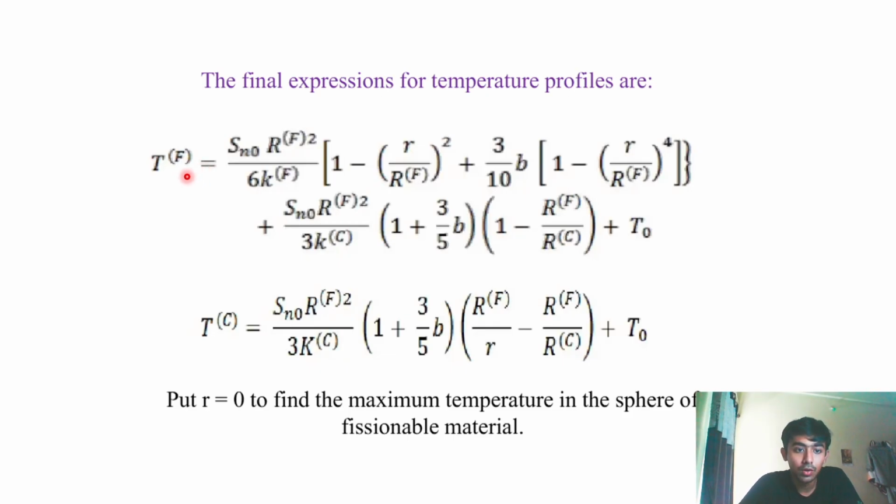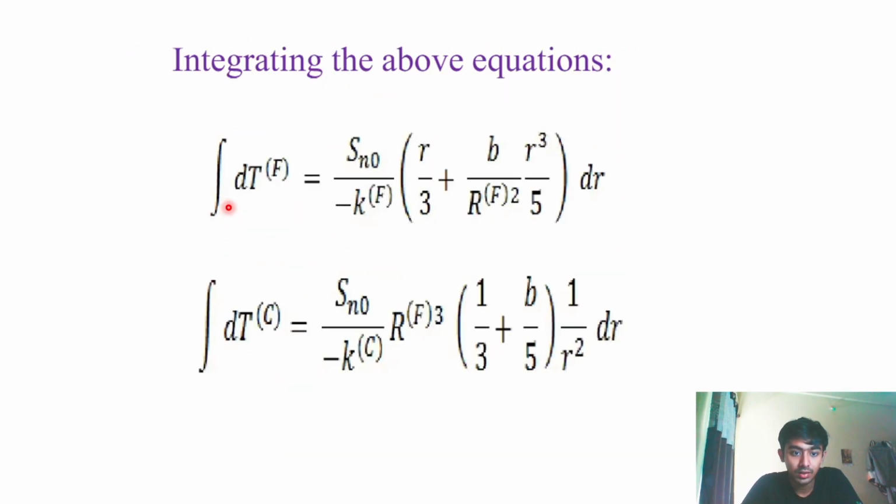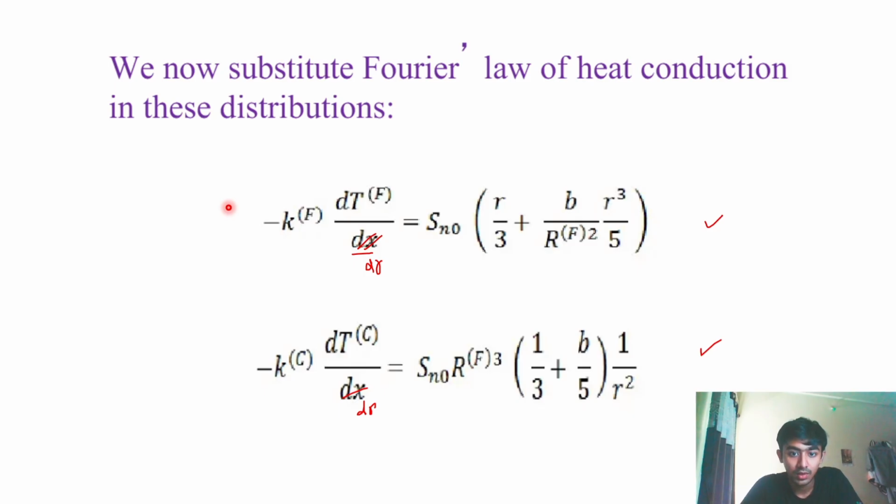Now if we want to find the maximum temperature of the fusible material, generally we differentiate TF. If we differentiate TF, we get this equation, TF by TC, SN0, Kc.